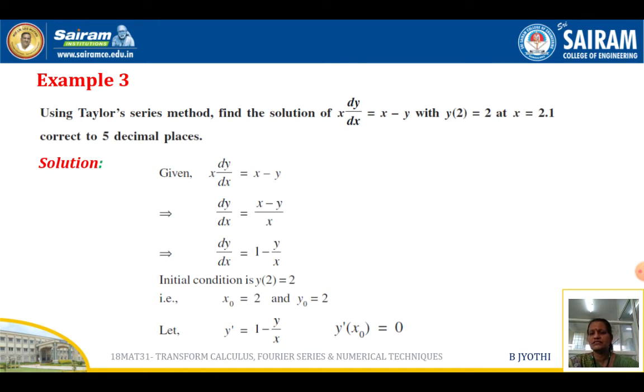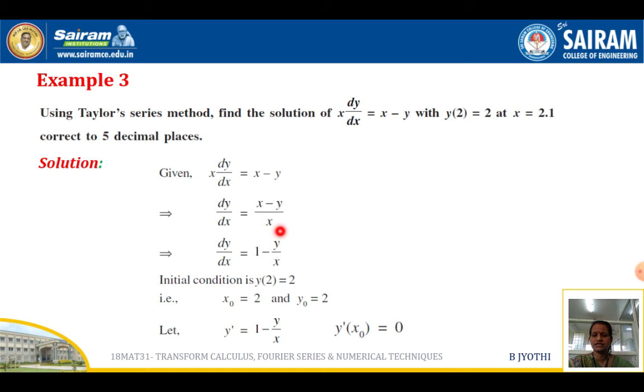Next example. Using the Taylor series method, find the solution of x dy by dx is equal to x minus y with y of 2 is equal to 2, at x is equal to 2.1, correct up to 5 decimal places. So let us consider the given problem, but here x is the coefficient of dy by dx.